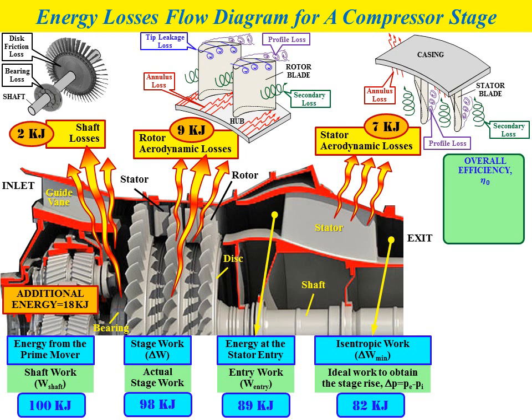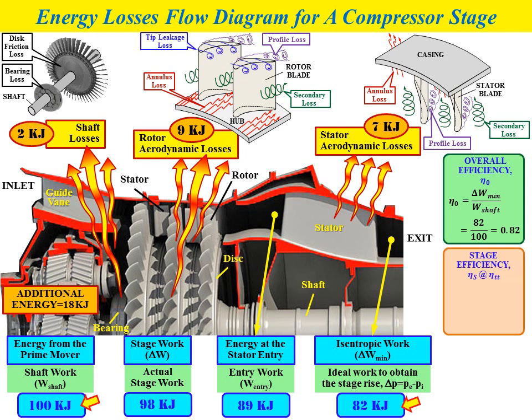If we need to calculate the overall efficiency, mu naught, the overall efficiency equals delta W minimum, that refers to the isentropic work, divided by W shaft, the energy from the prime mover. So we have 82 divided by 100. So the overall efficiency of the compression process for this example is 82%.